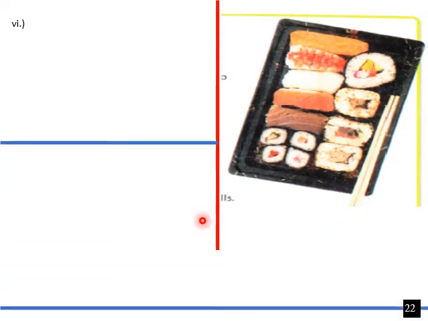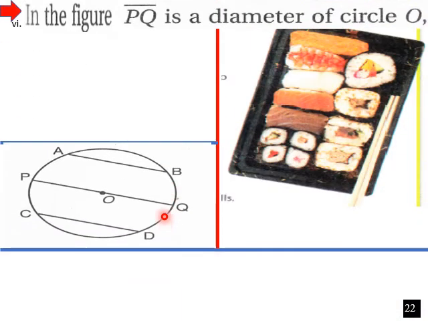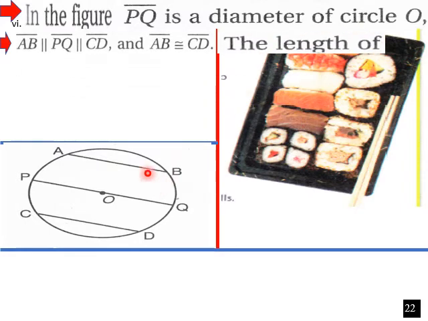Another factoid that will be handy on your SAT. In the figure, segment PQ, this segment here, is the diameter of the circle. And then segment AB is parallel to segment PQ, and AB is congruent to CD.